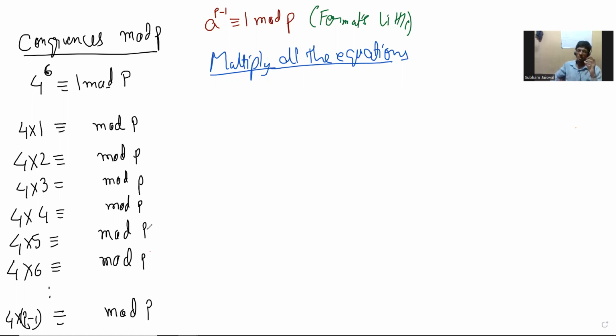So what was the first good thing that happened in the case for 4 and 7, when we took the multiples, 4 times 1, 4 times 2 till 4 times 6? Yes, exactly. That you get all the remainders. Here also, we would like to say that you will get all the remainders.